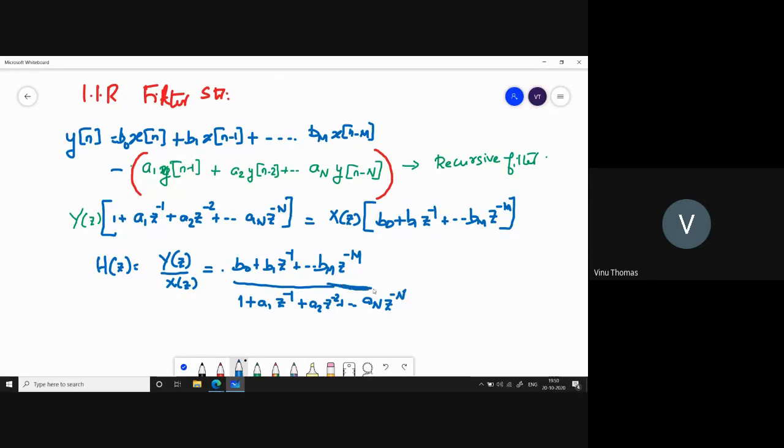Where you normally have n greater than m.